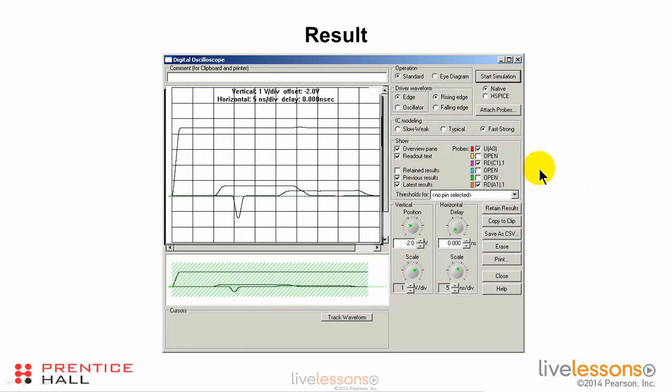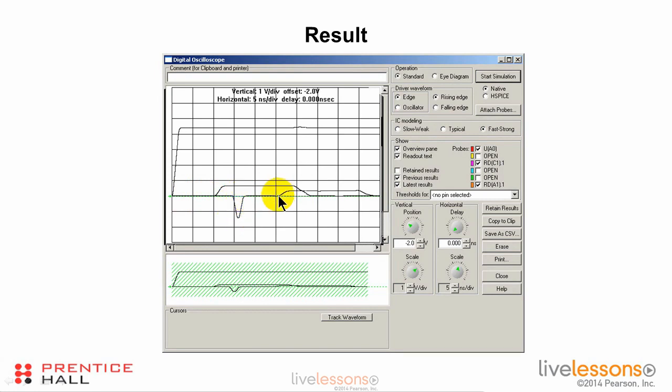And here's the results. Here is the driver. 10 nanoseconds later, the backward crosstalk signal shows up at the near end of the victim trace. In 15 nanoseconds, the forward crosstalk signal shows up at the far end of the victim trace.